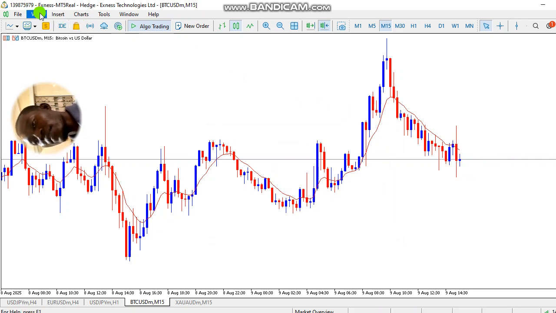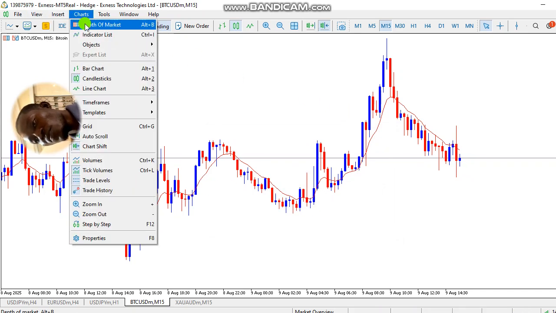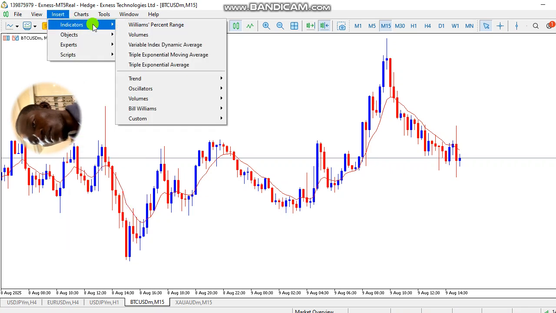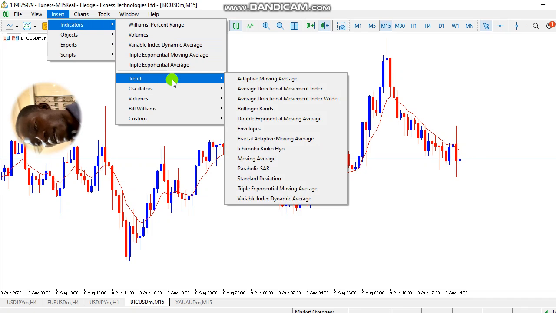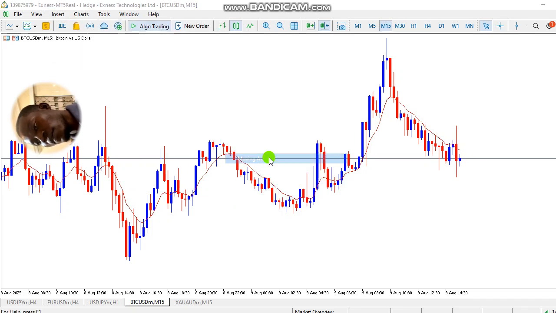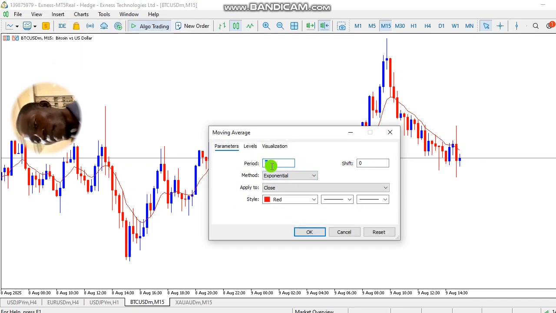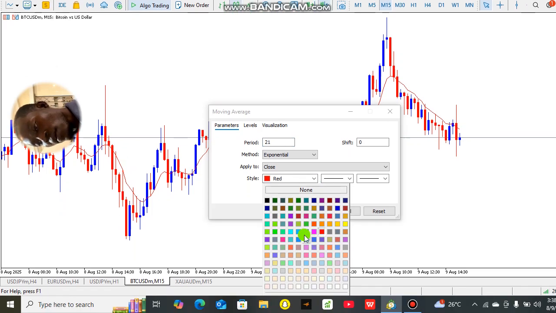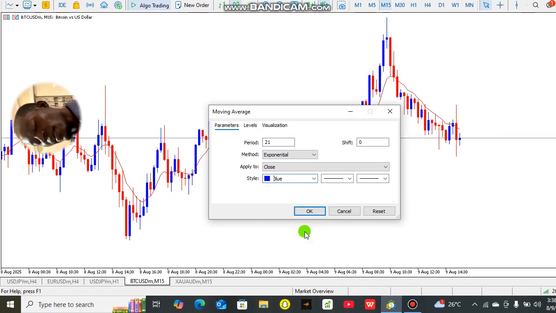Then the next exponential moving average I want to add to the chart is the 21 exponential moving average. So I'll change the 9 to 21, and then I'll change the color. I want it to be blue, so I'll change the color to blue, then click on OK.